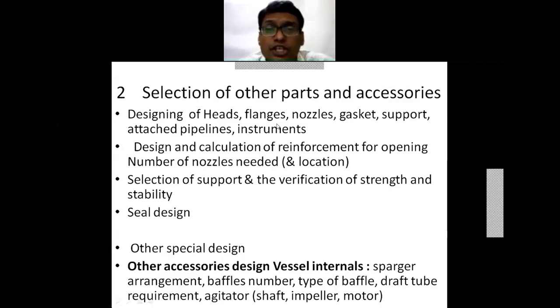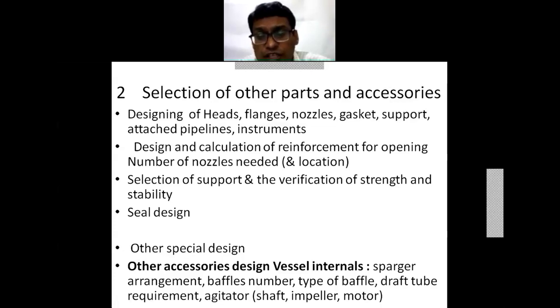Now, in addition to that, depending on the functioning of the vessel, I can go on adding the number of internals. Those internals can be sparger, then the baffles, then types of the baffles, then draft tube requirement, then you may require certain agitators. In case of heat exchangers, you may require the tubes, tube sheet, baffles, then tie rods.